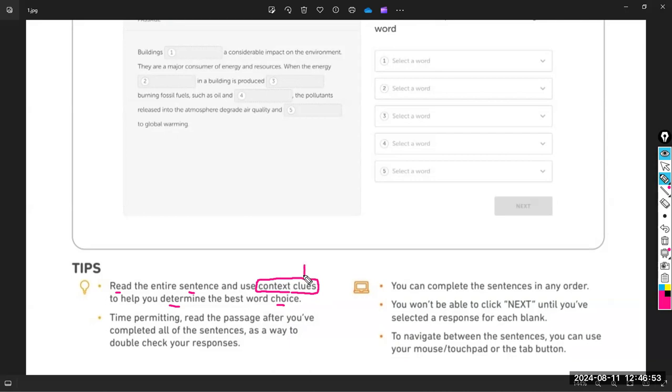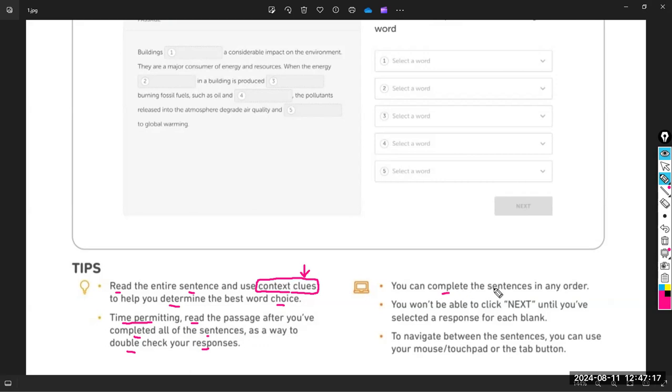So please watch the video about context clues. Okay, now time permitting, if I have enough time, I have to read the passage after I have completed all the sentences as a way to double check my responses.